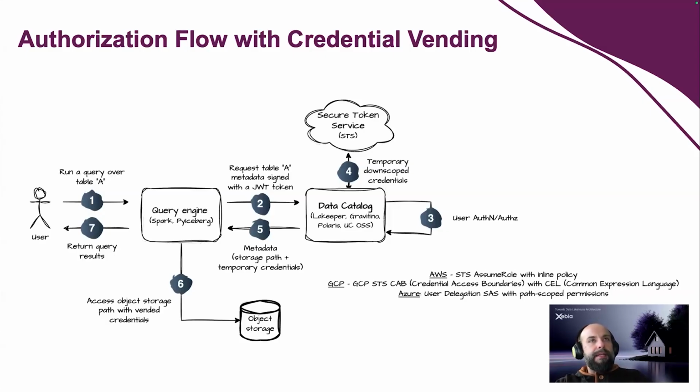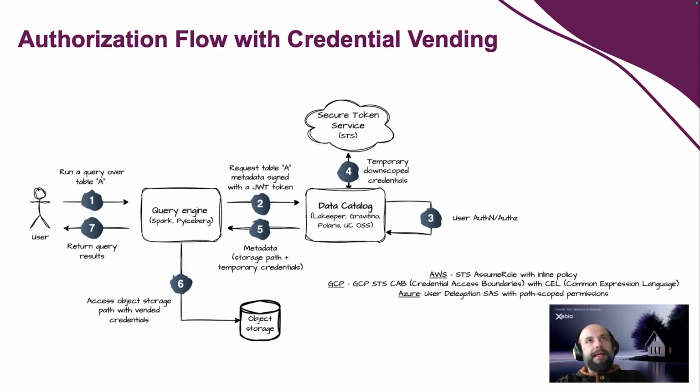Basically speaking, the credential binding mechanism allows end users to access the content of the tables that are stored on object storage without having the credentials for the object storage itself.